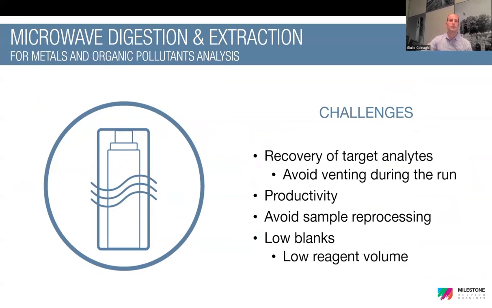It's also important that this step provides the productivity that the lab is looking for, and also is a reliable process so that we can avoid sample reprocessing. At the same time, typically those steps are done with a low volume of reagents so that we have lower blanks during the analysis.